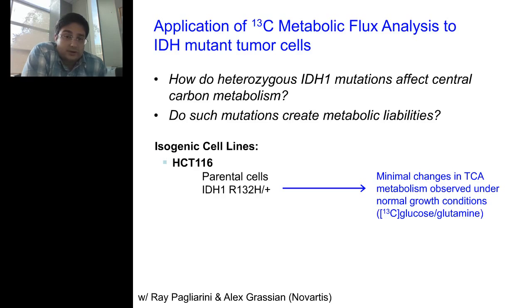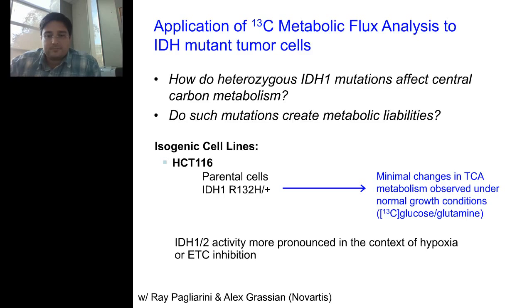under normal growth conditions, we saw minimal effects on metabolism. However, when we grew these cells under hypoxia, we saw more profound changes, and this is consistent with the role of IDH1 and IDH2 in catalyzing that reductive carboxylation reaction in the context of electron transport chain inhibition or hypoxia, as I just described earlier.